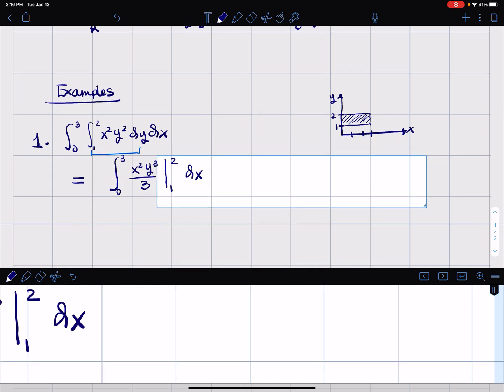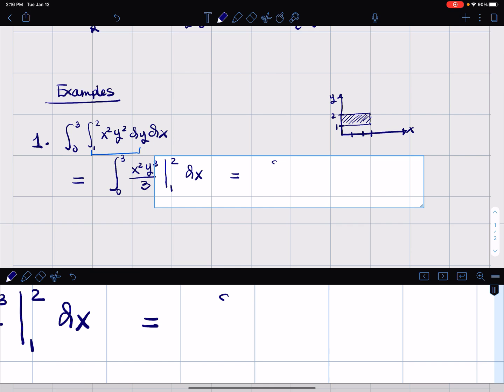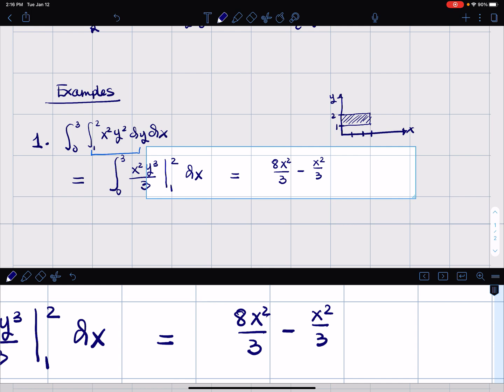So if we plug in 2 for y and plug in 1 for y, we get 8x squared over 3 minus 1x squared over 3, which is just 7x squared over 3, and then we have dx.